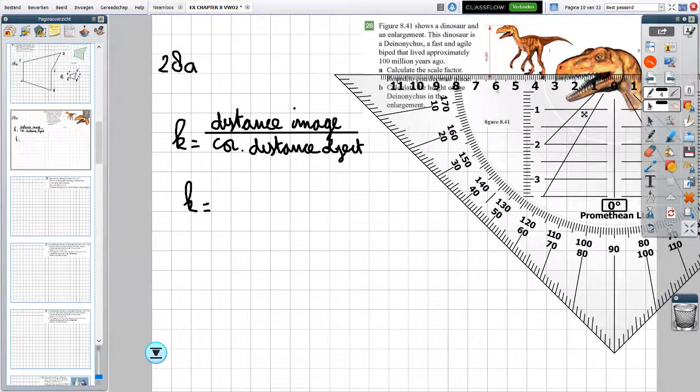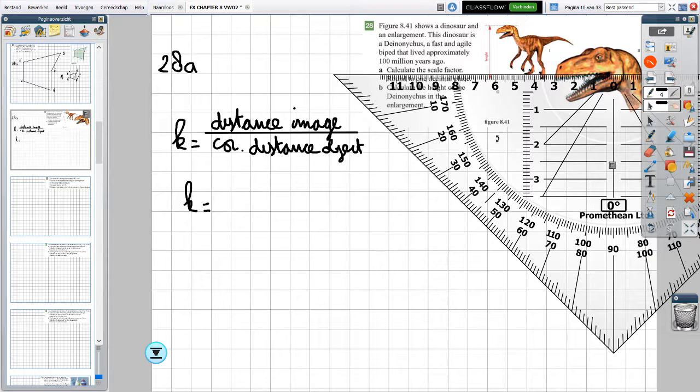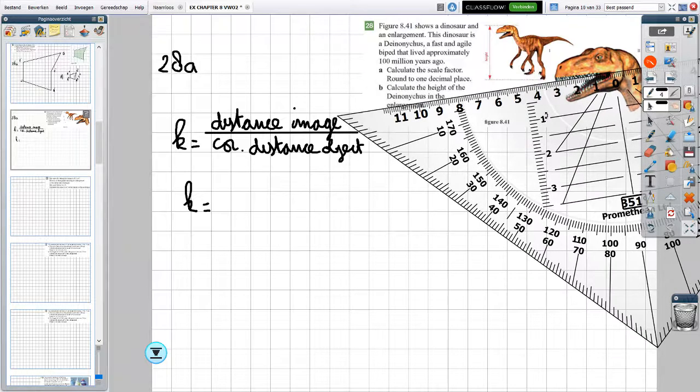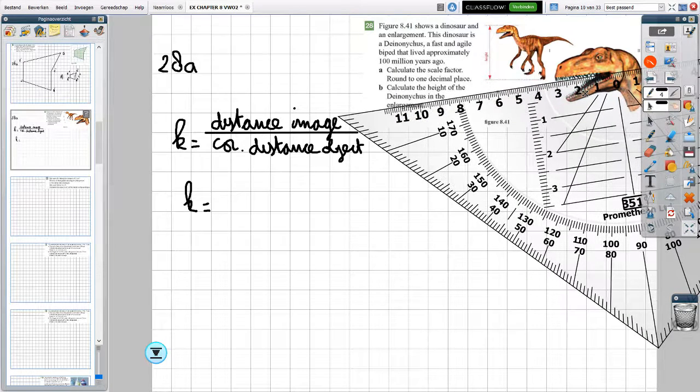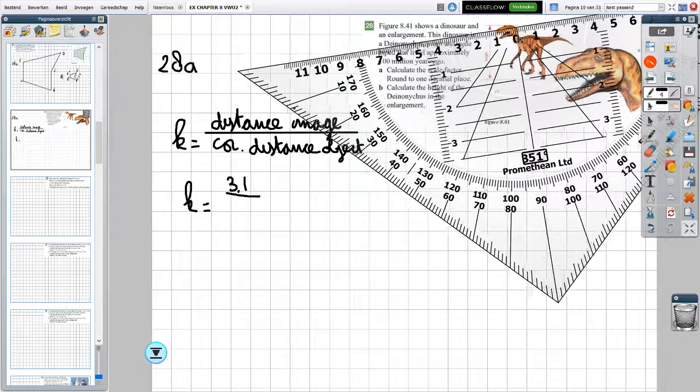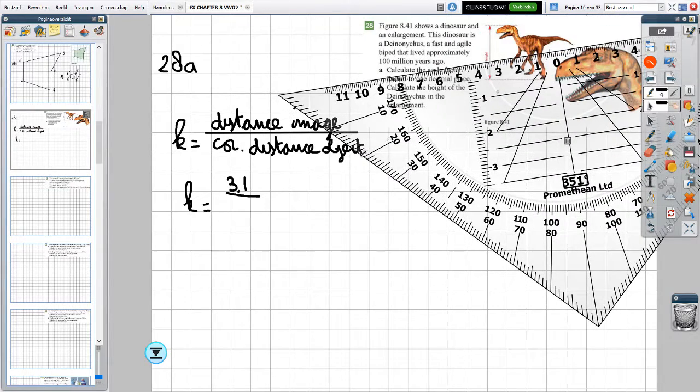So what I could do is, for example, measure the distance between his mouth here, from this here to there. It's around 3.1. That's the image, so I can say it's 3.1 centimeters and divide that by whatever it is right here. That's 0.8. And that's my scale factor.